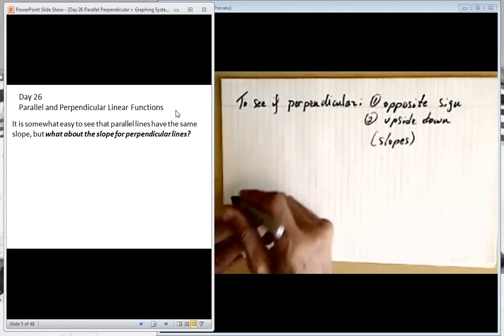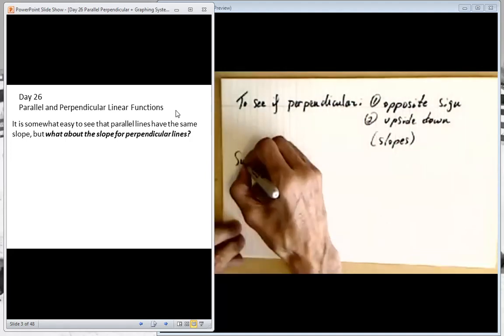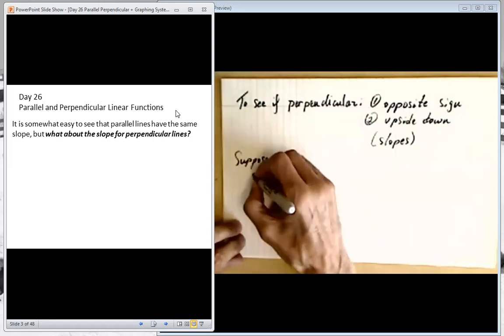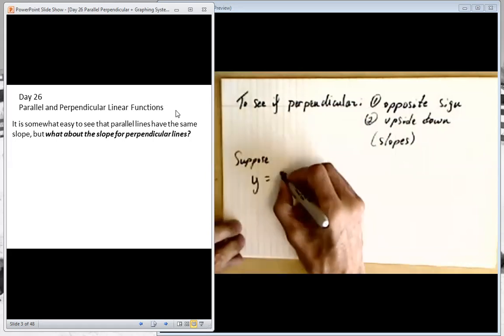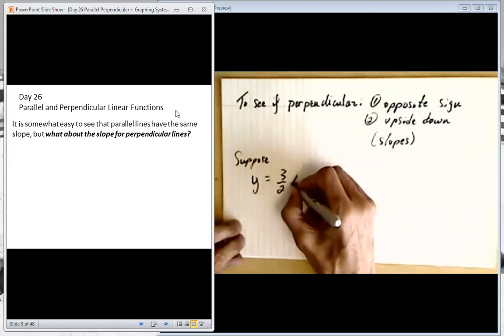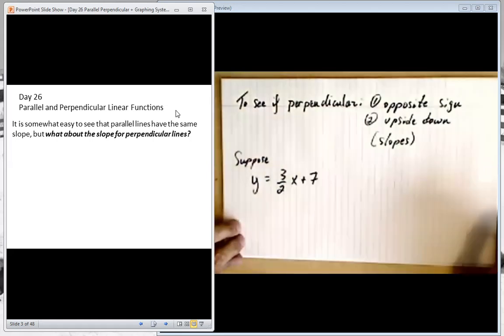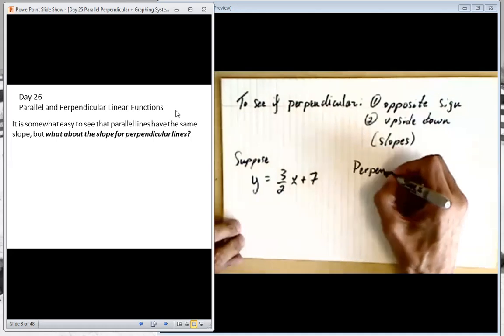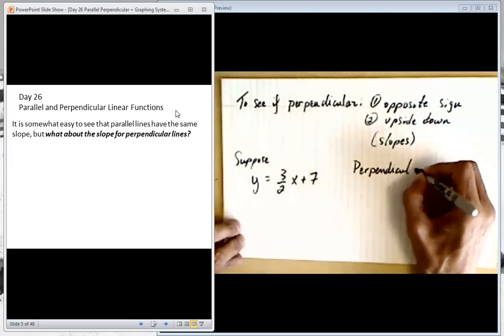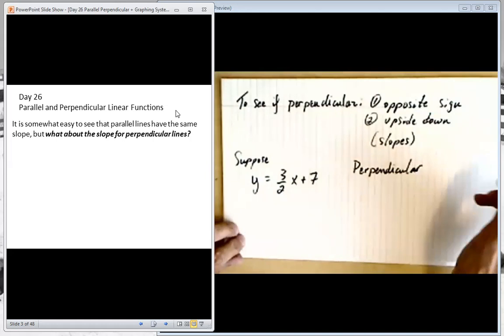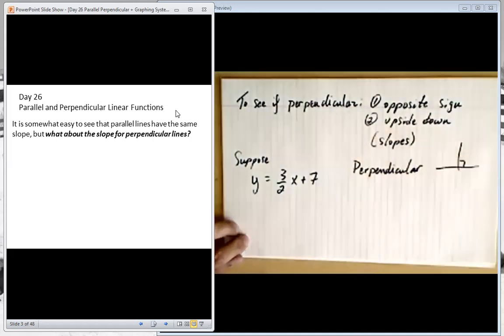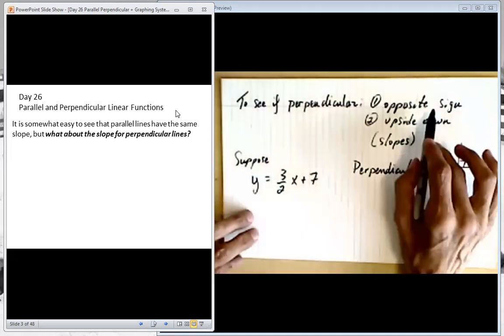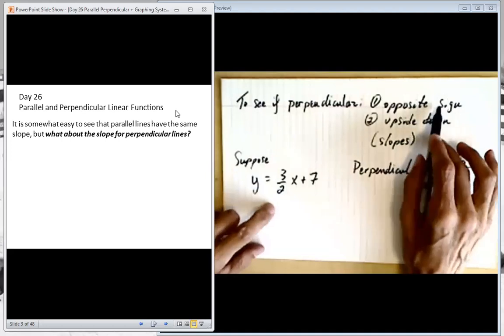So watch this. Suppose we have this line here. Y is equal to 3 over 2x plus 7. A line that is perpendicular to it, so that meets at 90 degrees, has the slope, opposite sign, and upside down.